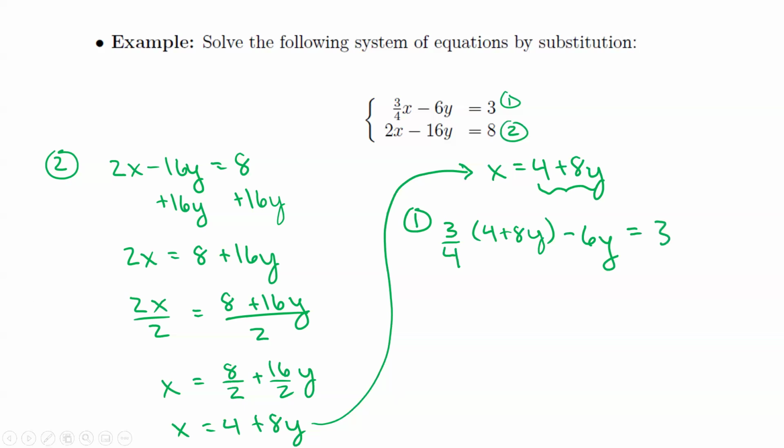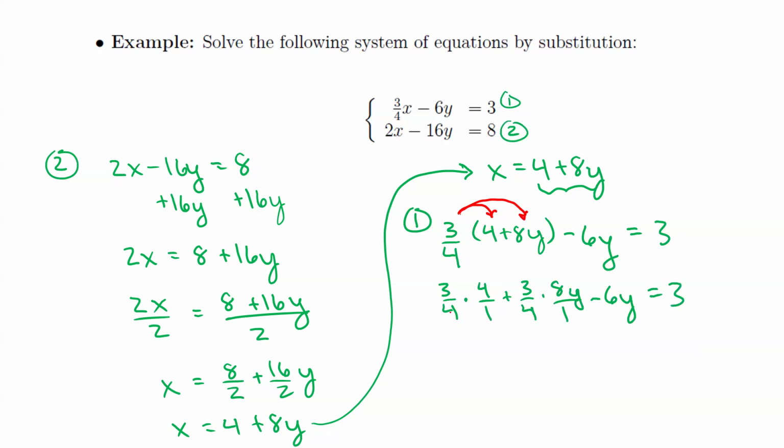Now, when we distribute the 3/4 through, remember that the 4 and the 8y are in the numerator. But you can always, if it's helpful to you, as you do that distribution, write it as 3/4 times 4 over 1, if that's helpful. 3/4 times 8y over 1 minus 6y is equal to 3.